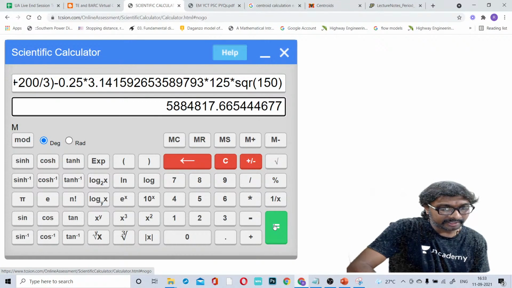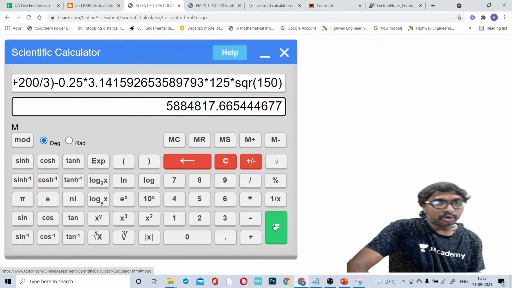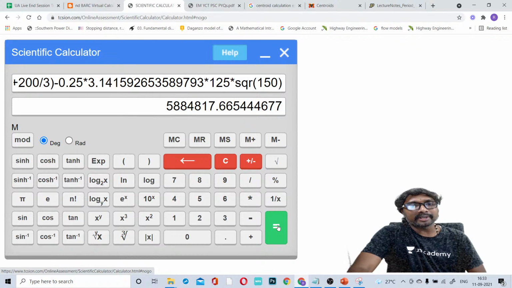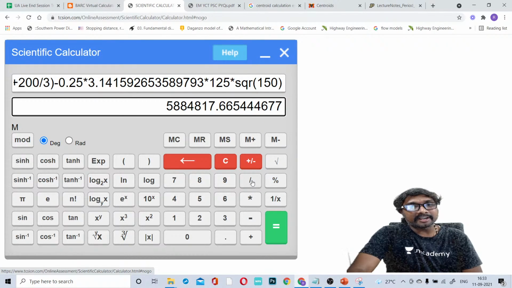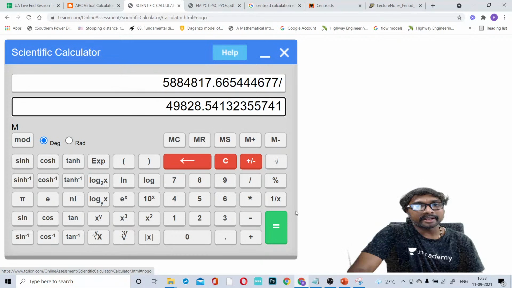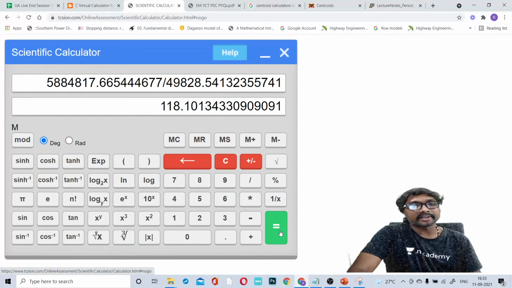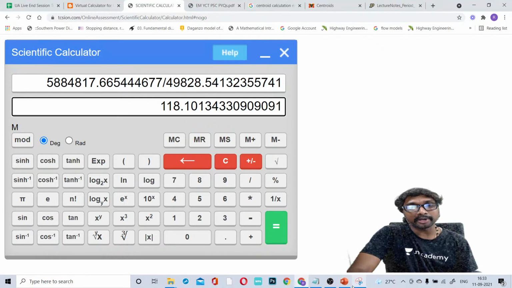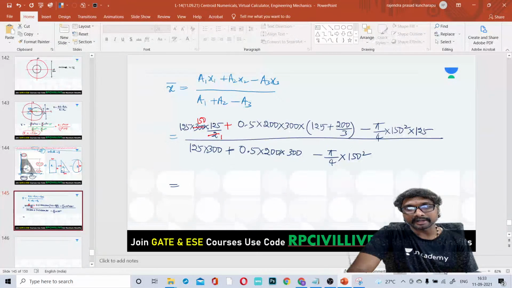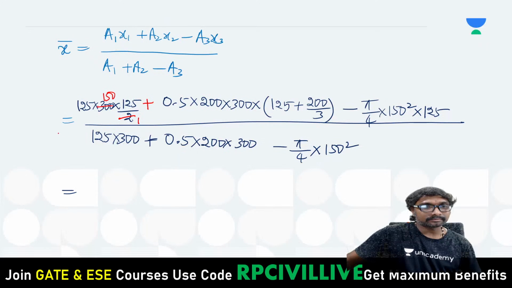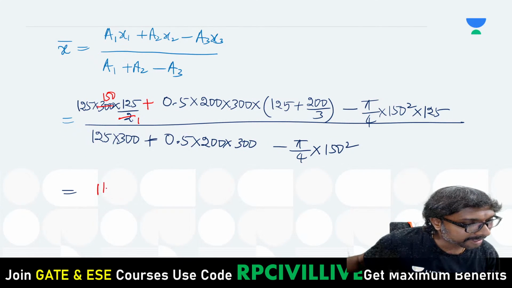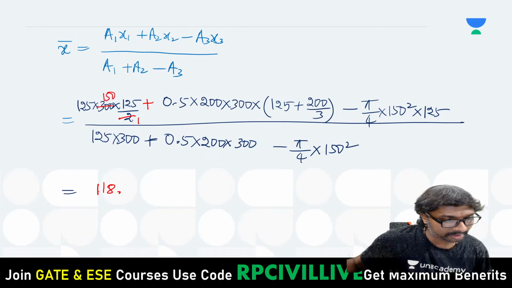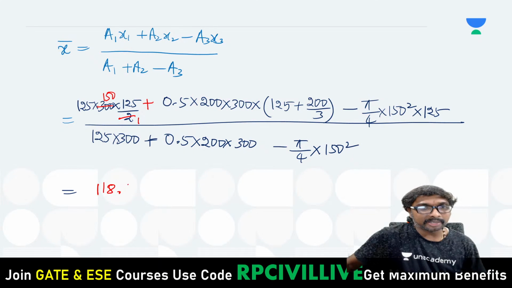Is that clear everyone? You have got the numerator value. Dividing it by the memory recall denominator value, you get the answer 118.10, that is 118.101 millimeter.